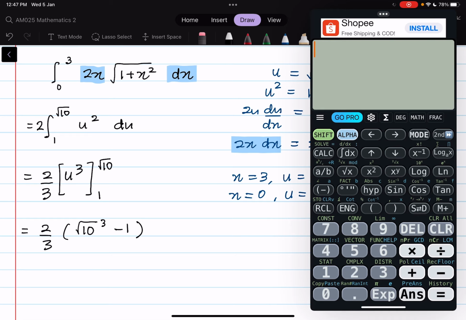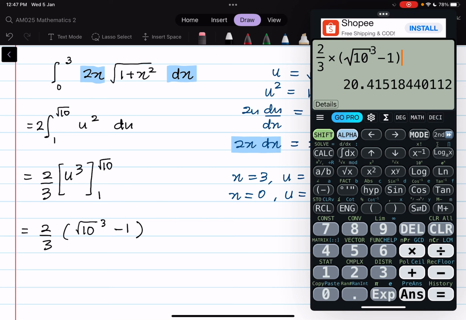So you find the value: 2 over 3 times square root of 10 to the power of 3 minus 1.